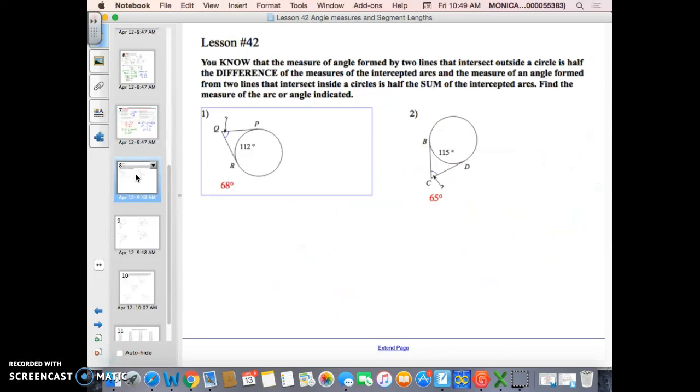These problems are worked out on your paper, but I just want to make sure that I showed you how this is done. So if I want to find this degree, remember this is going to be a subtraction problem, but before I can even work it out, I have to figure out this big arc right here, which is 360 minus 112.